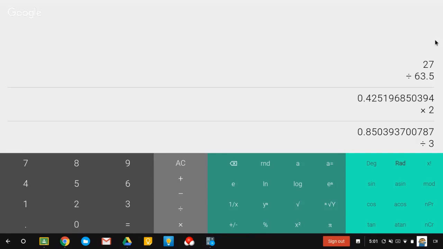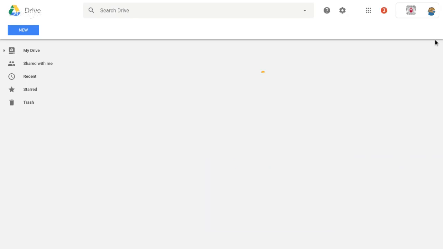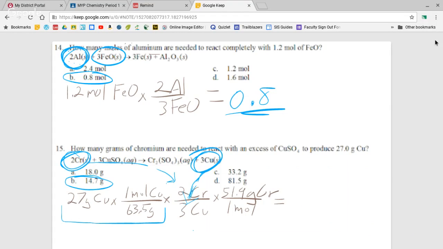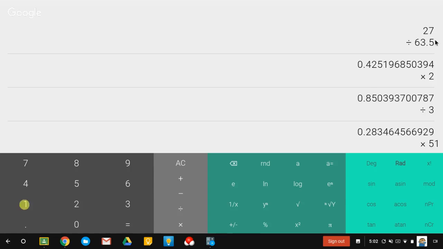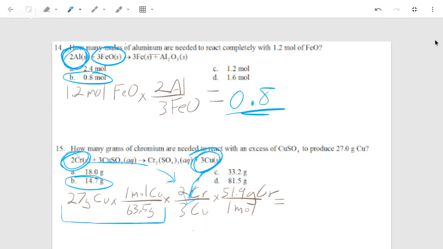I don't know. Divided by 3. And then there's one more step. Here, our last step is times 51.9. So take that number times 51.9. So 14.7, was that the answer? Yep, 14.7 is the answer, and that's grams of Cr.